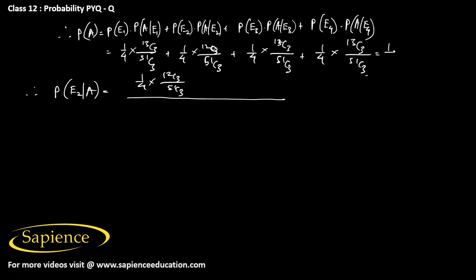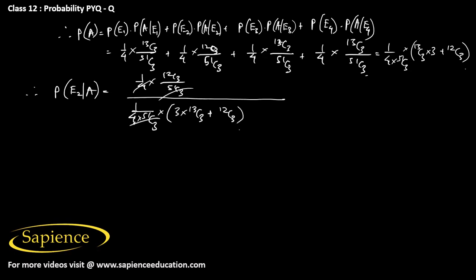This we can write as 1 by 4 into 51C3 times 13C3 into 3 plus 12C3. So this would be 1 by 4 into 51C3 into 3 into 13C3 plus 12C3. So this part would cancel, and this would be 12C3 divided by 3 into 13C3 plus 12C3.